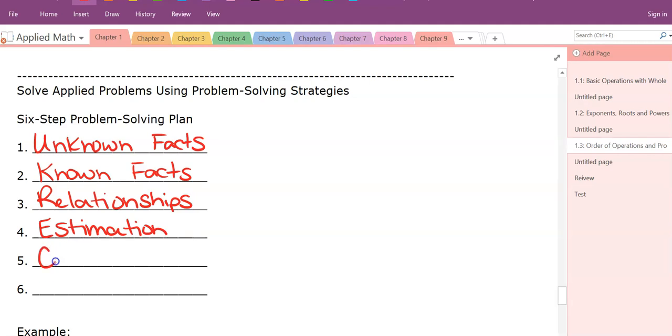Step 5 is to do the calculation. So this would be solving the problem. And then step 6 would be to interpret. So state what that answer means. Label it if you need to.